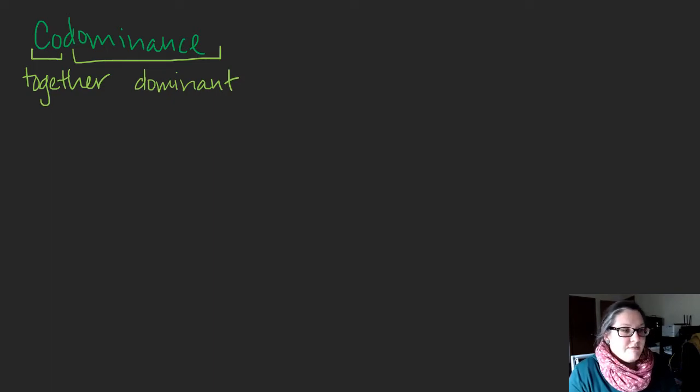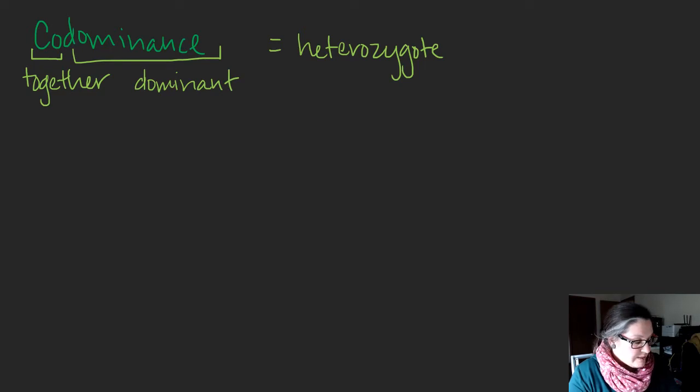So the exact definition of codominance is that the heterozygote, so 2 different alleles, expresses more than one allele at the same time.